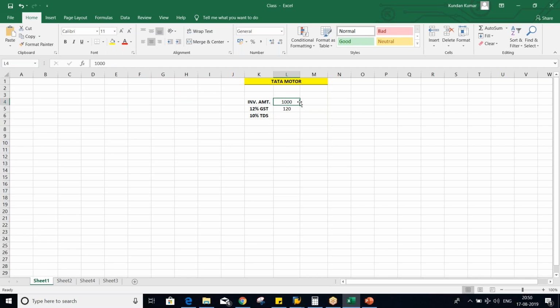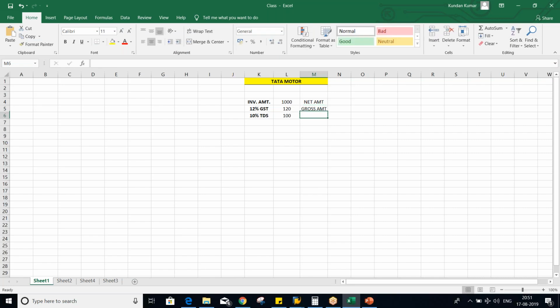If I say the base amount is this 1000, then the TDS will be 100. There might also be a chance that the base amount could be both of these. Let's suppose this is called the net amount, and if you include both, then this is called the gross amount.